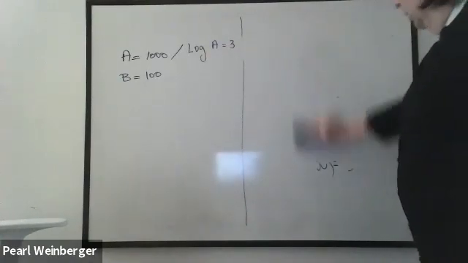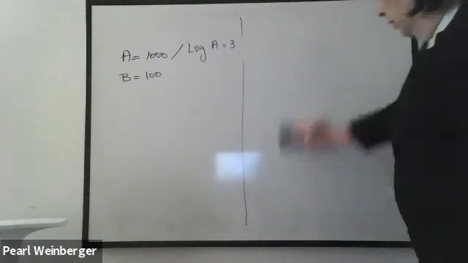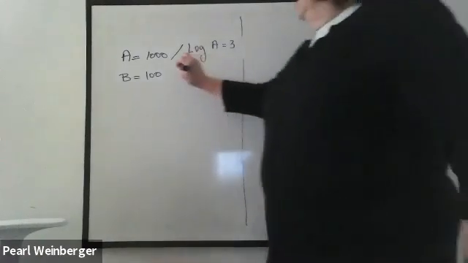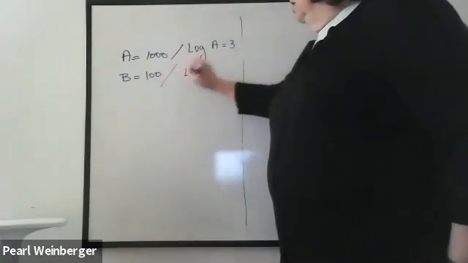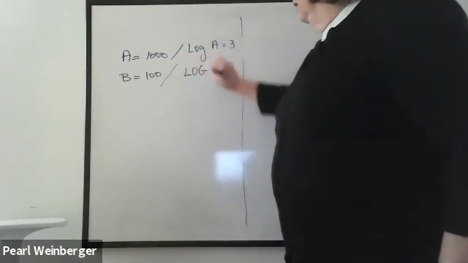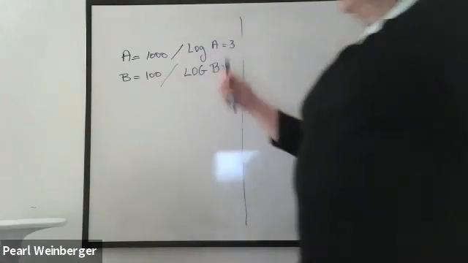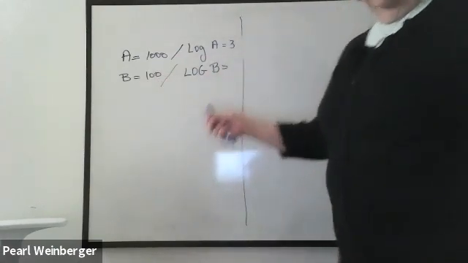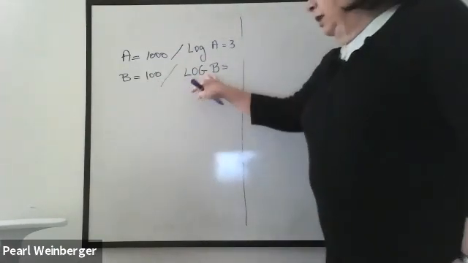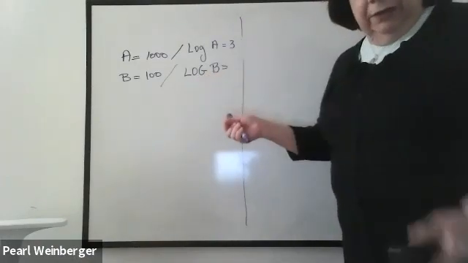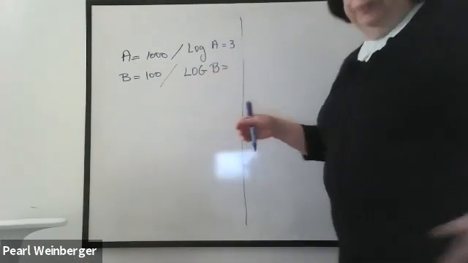Let's go back to our A's and B's now. What if I ask you, what is the log of B? Over here, I know B is 100. So I'm asking you, what is the log of 100? And again, I didn't write in the base, so we understood the base to be 10.